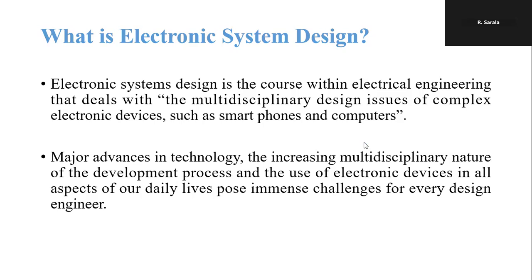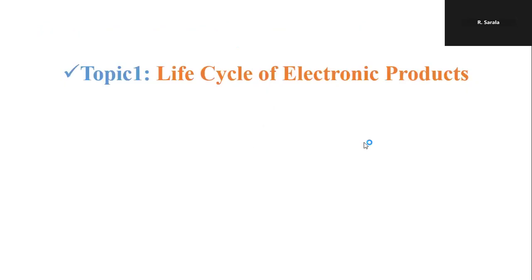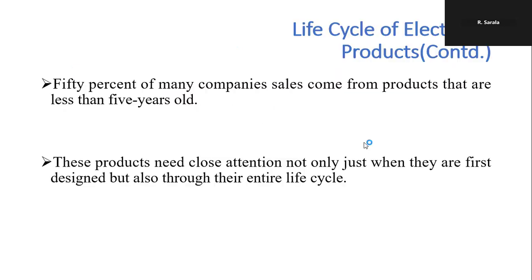So we will see the first topic, that is life cycle of electronic product. It is a central concept in electronic system design to understand the product life cycle. This design begins from the conceptualization of a product and continues through design, development, marketing, usage, and final disposal.